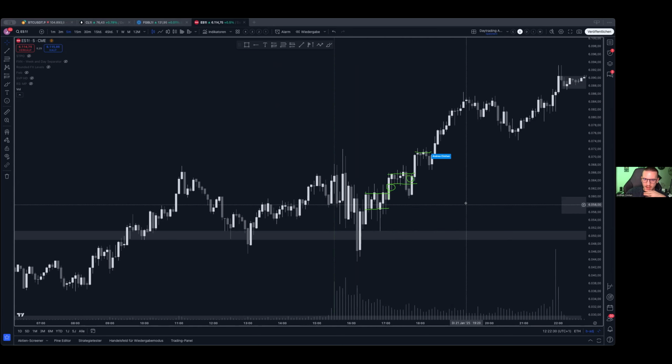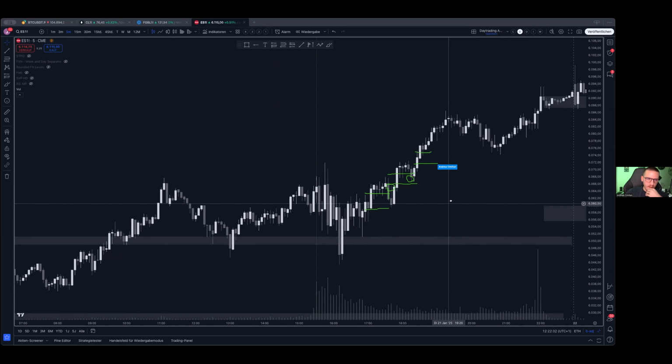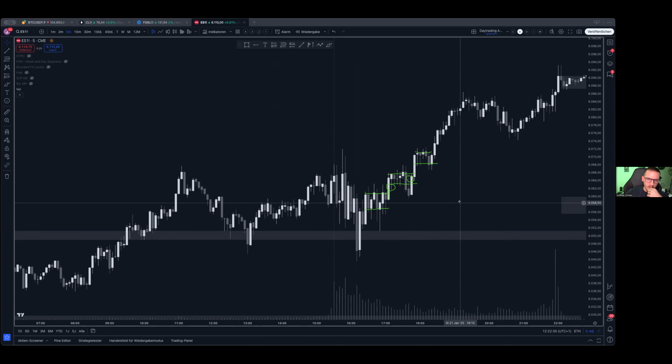Because if I see any directional day in the S&P, I very often see that they create P shapes all over the place. They re-enter them and then they continue going higher. Like a directional day in an index is often very directional and it's often made with P shapes.